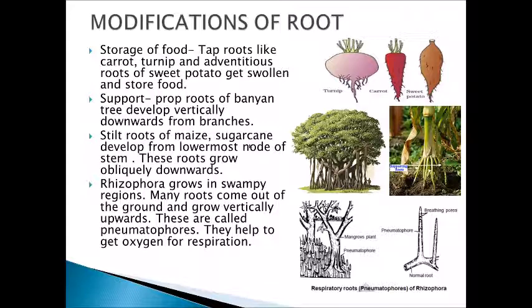Another example is stilt roots, which are seen in maize and sugarcane. These roots develop from the lowermost node of the stem. Here you can see the soil surface.